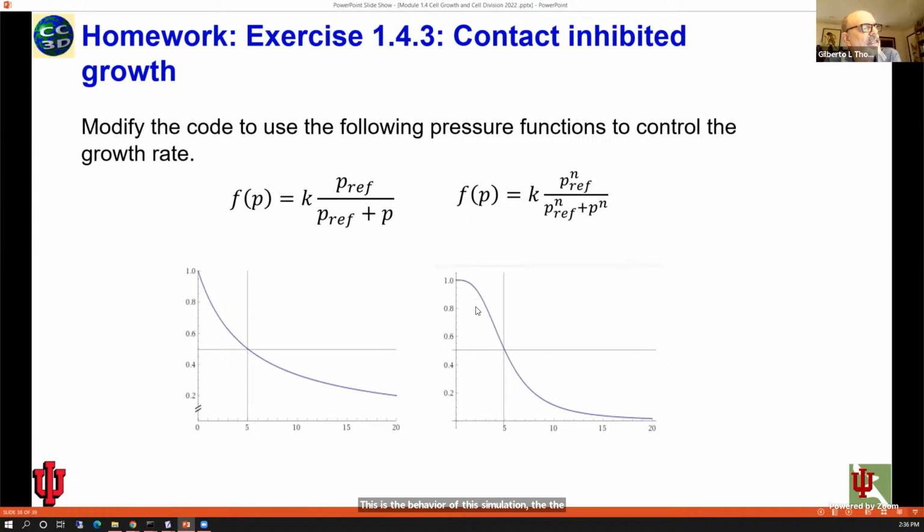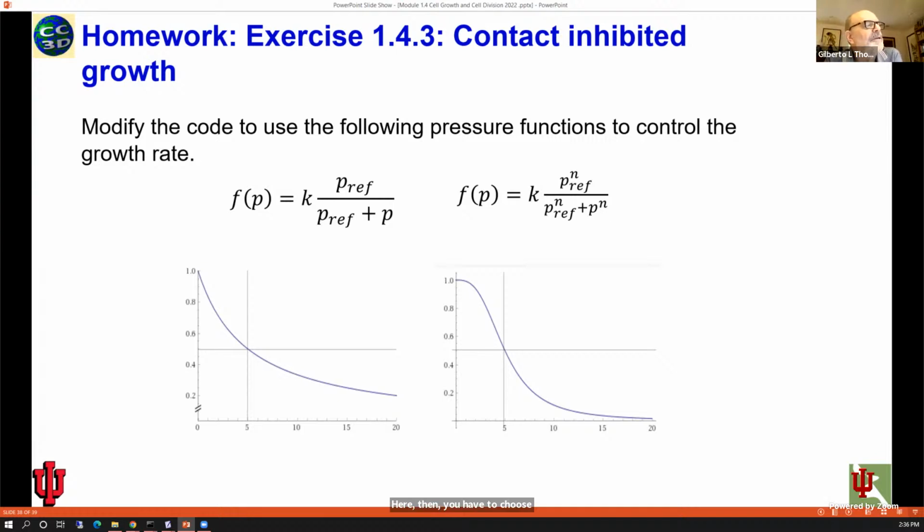And here is the Hill function, with one more degree of freedom, which is the power of the Hill function, n. You have to choose.